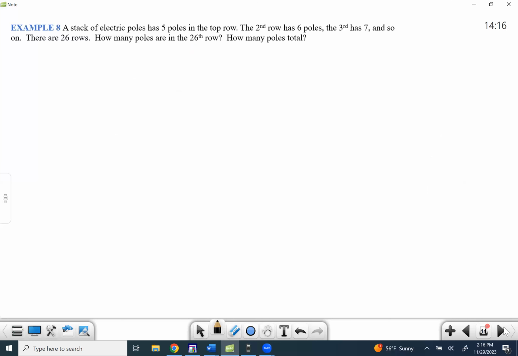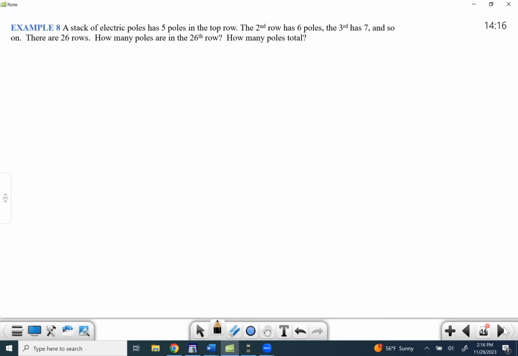Okay, so now we're going to look at both formulas in the context of some word problems, okay? So we have a stack of electrical poles. There's 5 poles in the top row. The second row has 6, the third has 7, and so on. There are 26 rows.